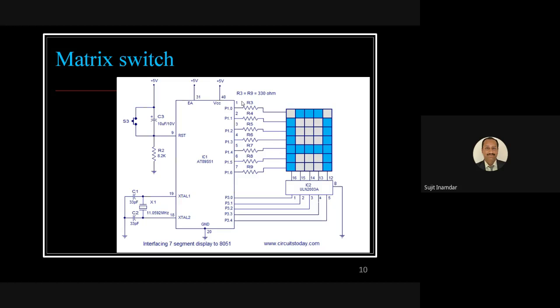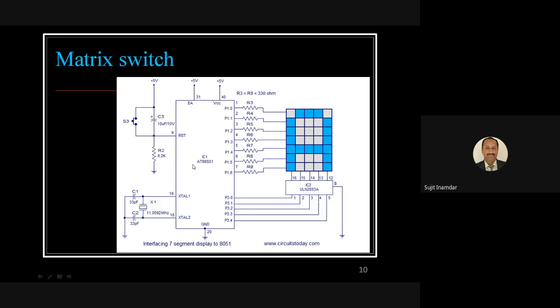It has been attached over here, on which we are supposed to display the A. So how can we make the connection, and how can we write the respective program? That is interfacing the 7-segment display to 8051 that we saw in the last session.